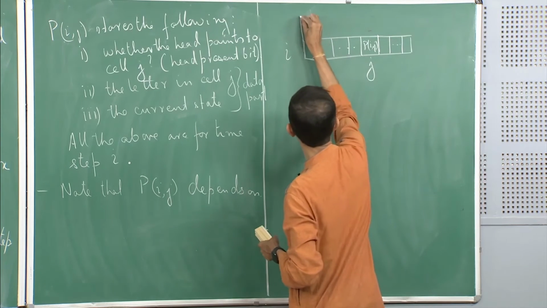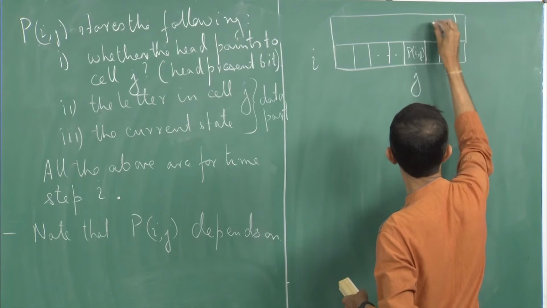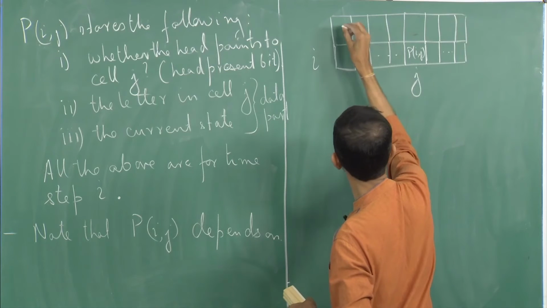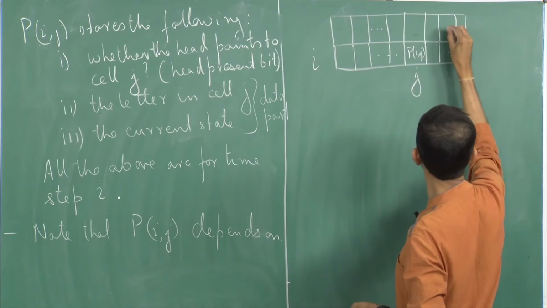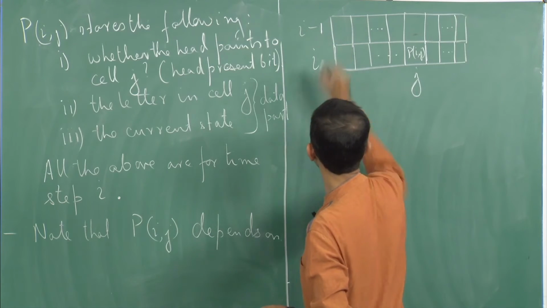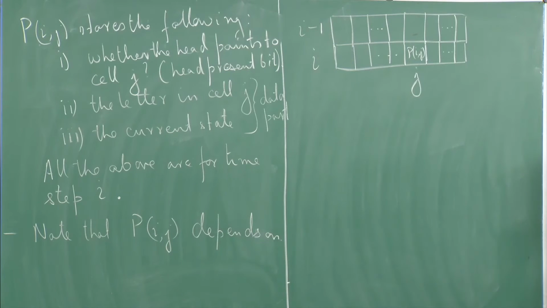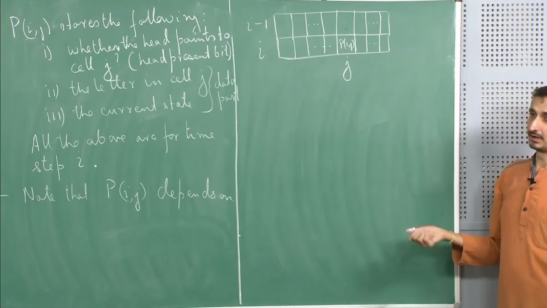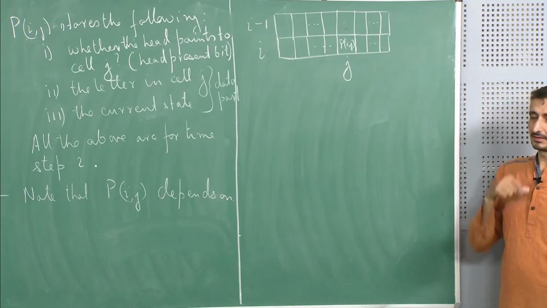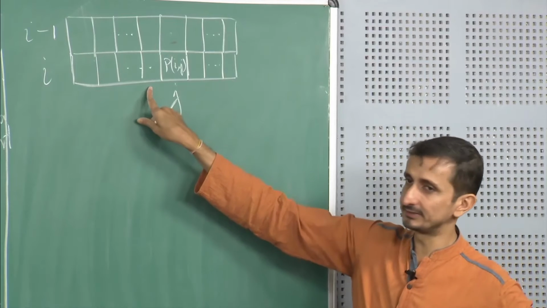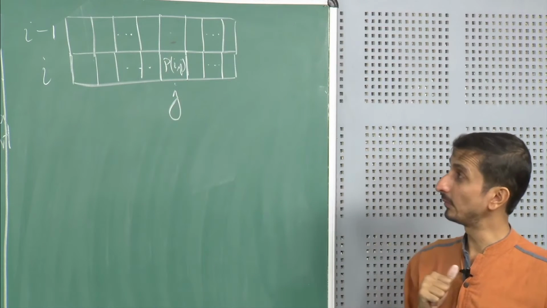I have the (i-1)th row over here. So of course it will depend on the previous cell, P_(i-1),(j-1), this one.